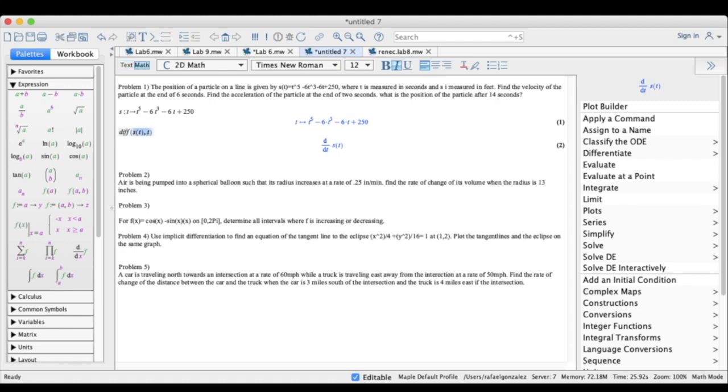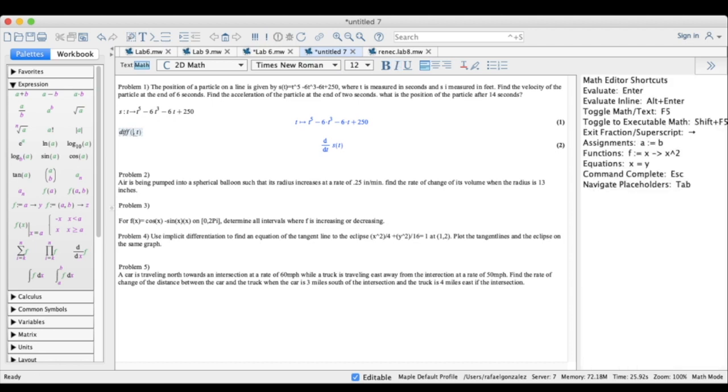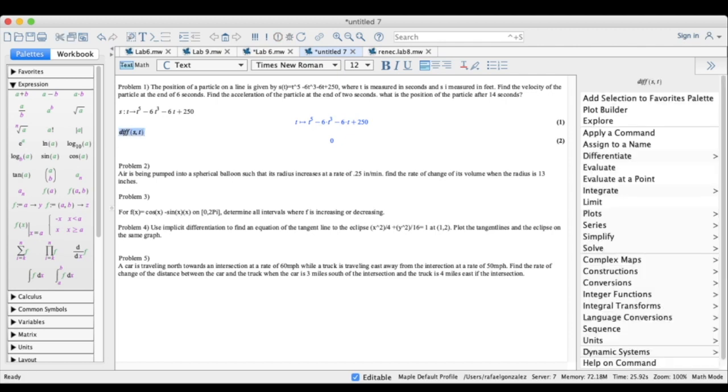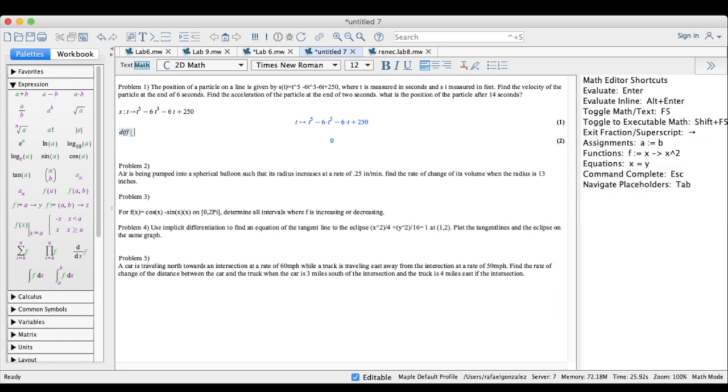Actually, let's do just s. Remember that the velocity of the particle is going to be given by the first derivative, and the acceleration is given by the second derivative. So let's find the first derivative of s, and make sure that you define this correctly.